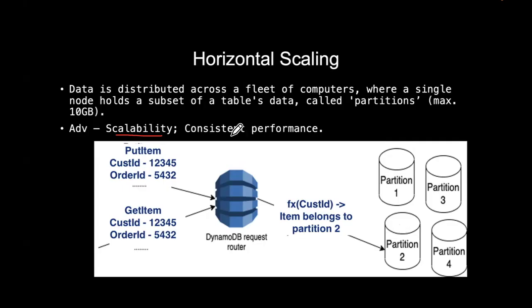Consistency of performance is guaranteed because there is an upper limit to the size of a partition, no matter how big your database is. AWS are essentially giving you guarantees in terms of the performance of the service in relation to reading and writing records, items, sorry, to a table.